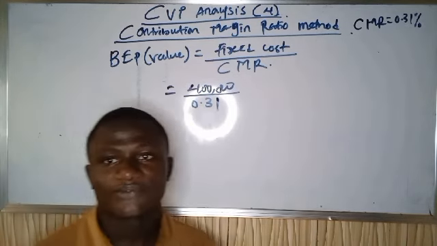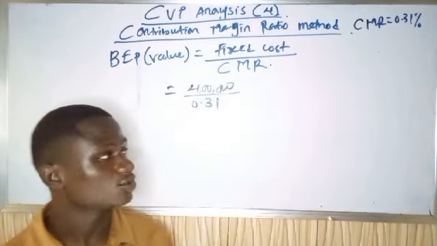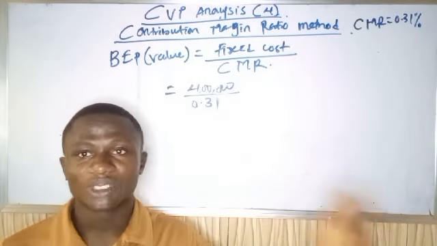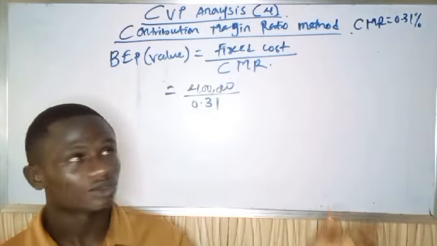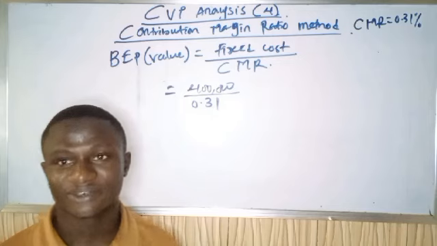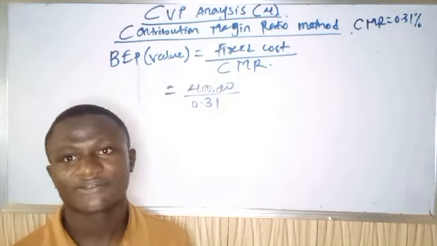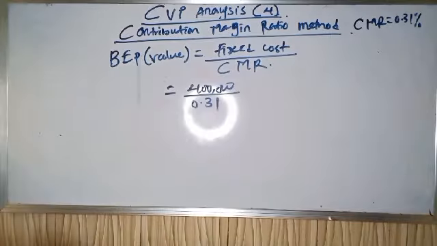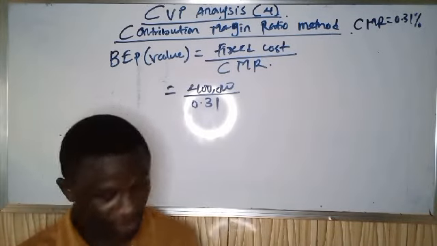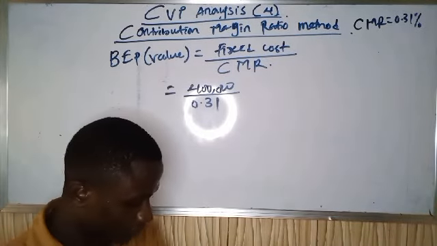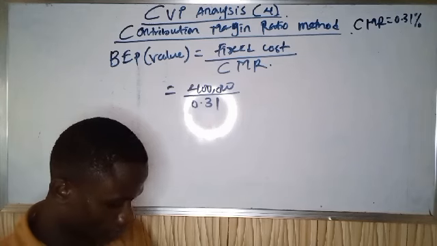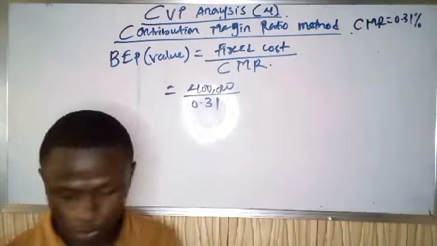For you to get an exact answer, you don't have to approximate. Just say 400,000 divided by the raw value in your calculator, because approximating sometimes might affect your answers. So 400,000 divided by that answer.